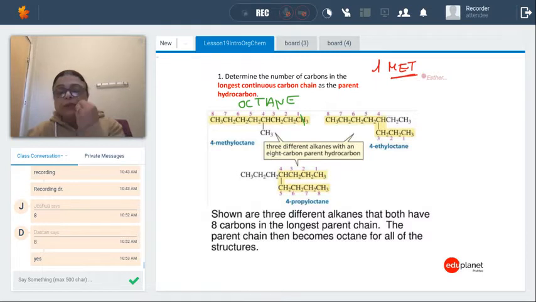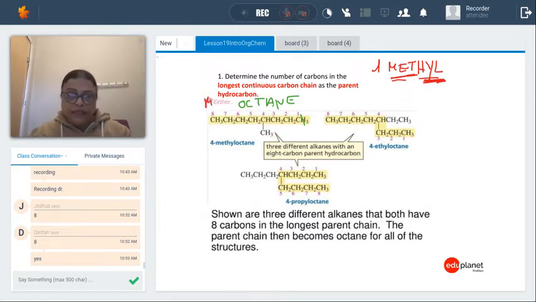So when it is a branching, I add -yl. -yl tells me this is a branching. So I have methyl: a branching with 1 carbon. So I have methyloctane. What is missing? If you look at this compound, what is missing?